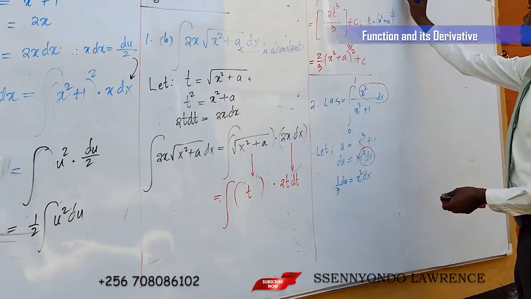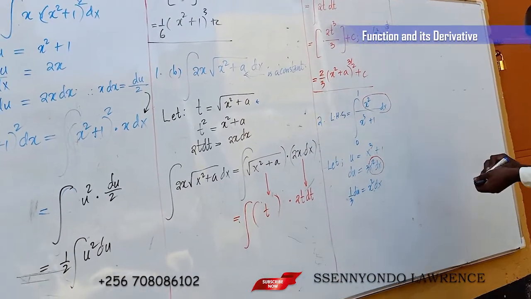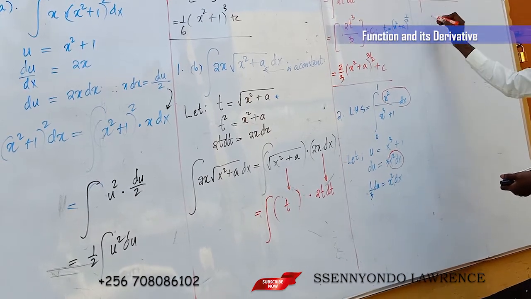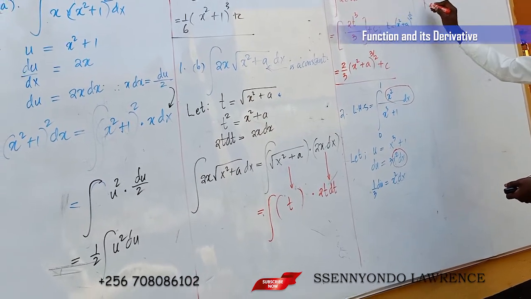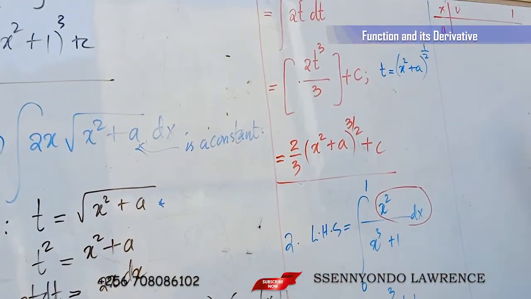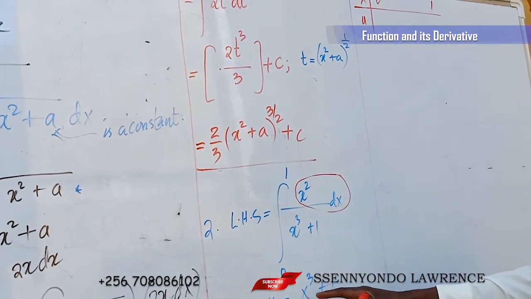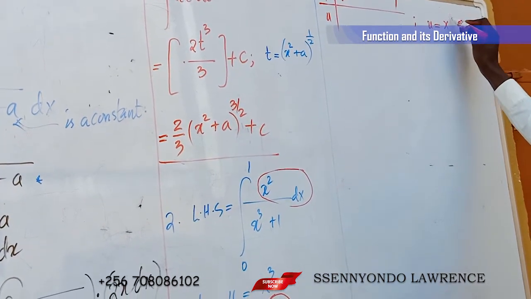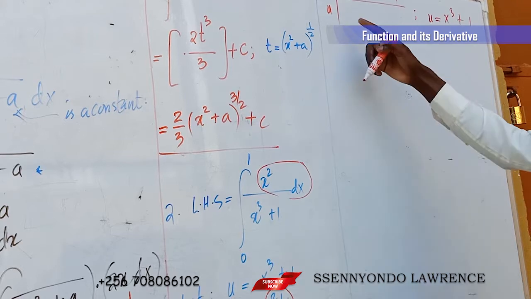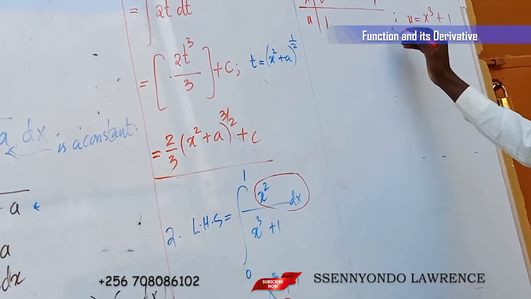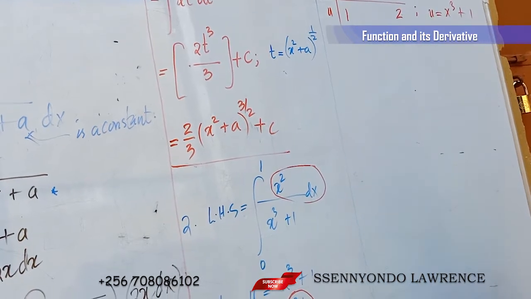We have had our variable as x and we want to change it to u. The limits have been 0 to 1. So u is x cubed plus 1. When you substitute 0 here, you will get u as 1. Substitute a 1 here, you will get u as 2.